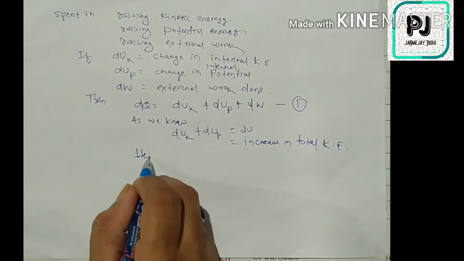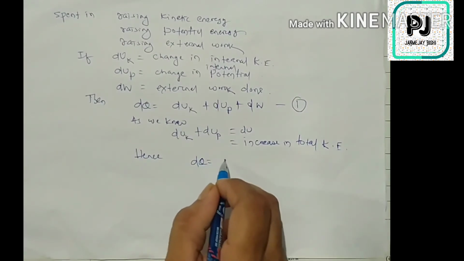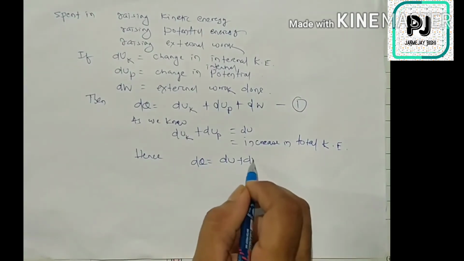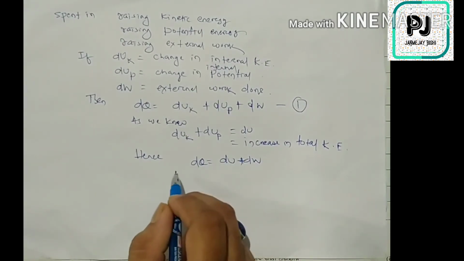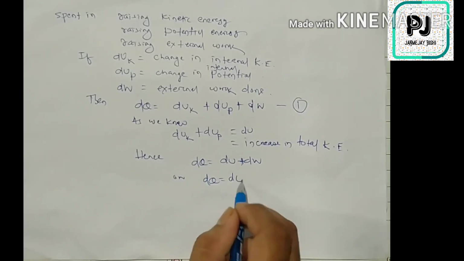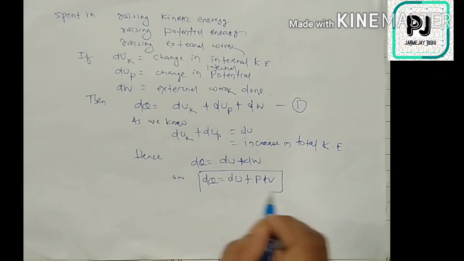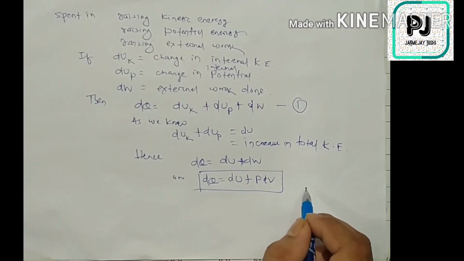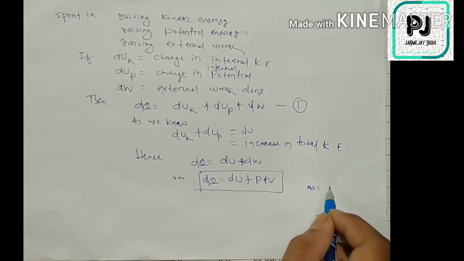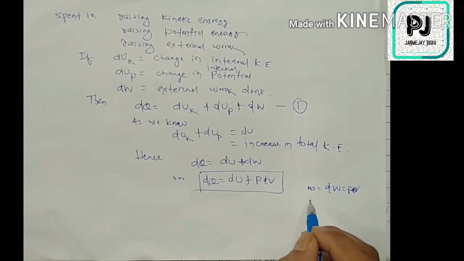So hence we can write equation 1 as dQ is equal to dU plus dW, or we can write dQ is equal to dU plus PdV, because as you know that dW is equal to PdV.